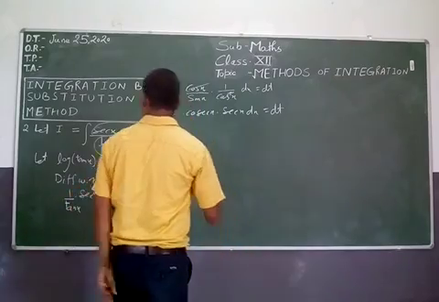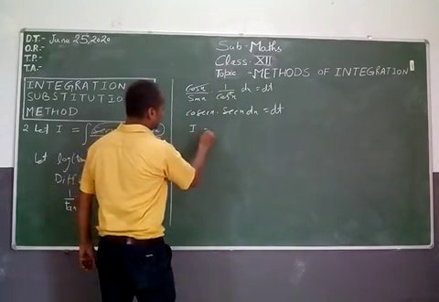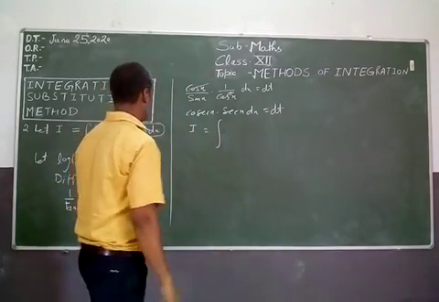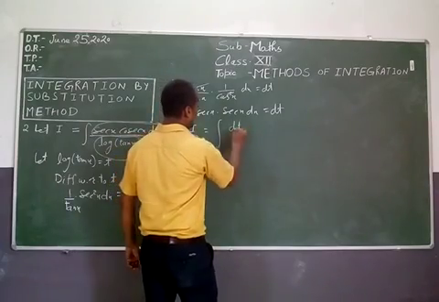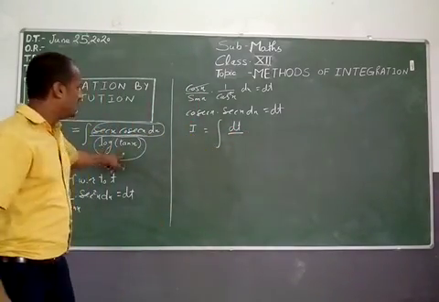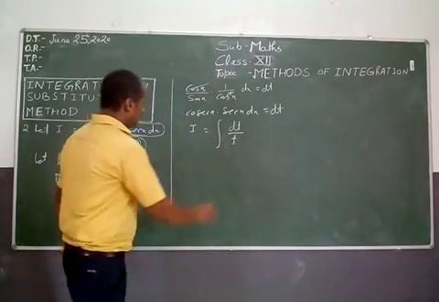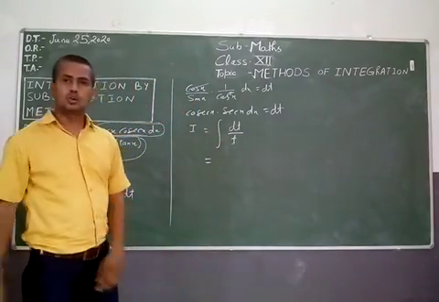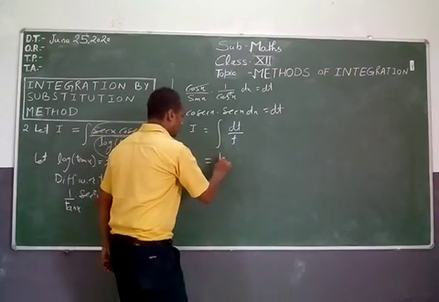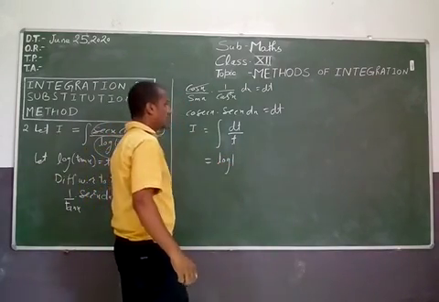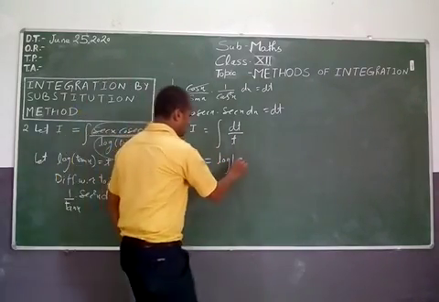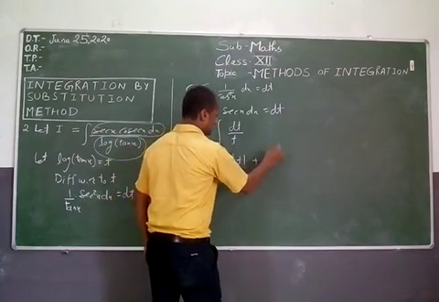We can substitute here. I equal to integral of dt upon log tan x, which we have substituted equal to t. Now integral of 1 upon t equal to log t. We can write here integral of 1 upon t equal to log t plus c.